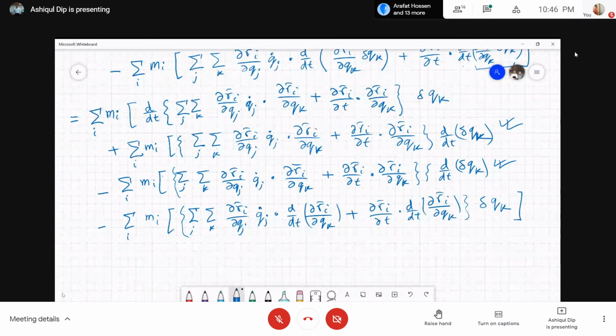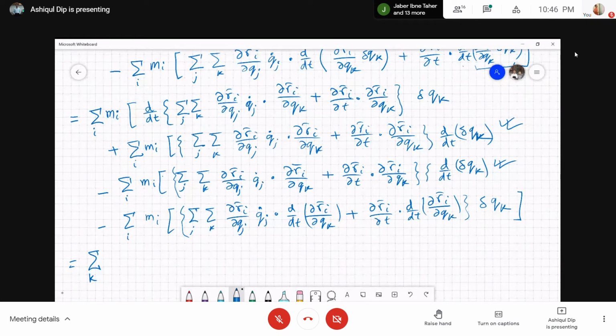So we can write like this: sum over k at the last. Like we can take this sum out of the whole, like those sums are actually switchable because j and k and i, those are all independent indices. So we can do any sum later, right? So we are summing over the k at the last.